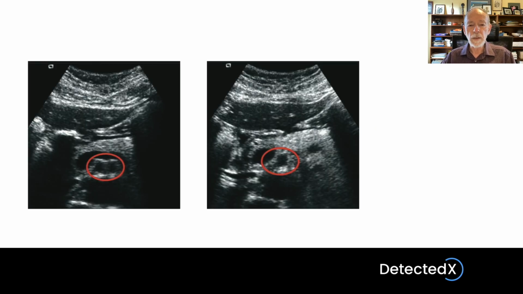Here's an example. In the image on the left, I have highlighted with the red circle what appears to be two superior mesenteric arteries lying side by side. On the right-hand side, the probe has been moved off-center so that the symmetry, the specific geometry that caused that doubling, no longer exists.